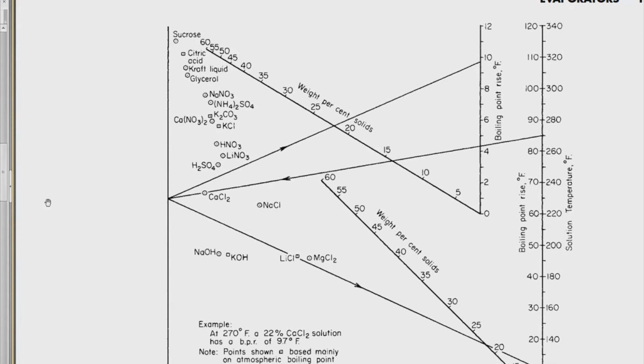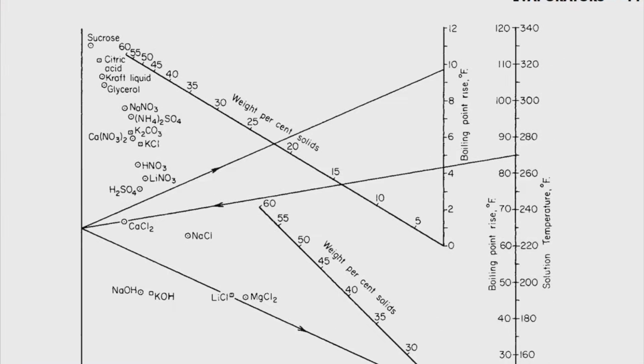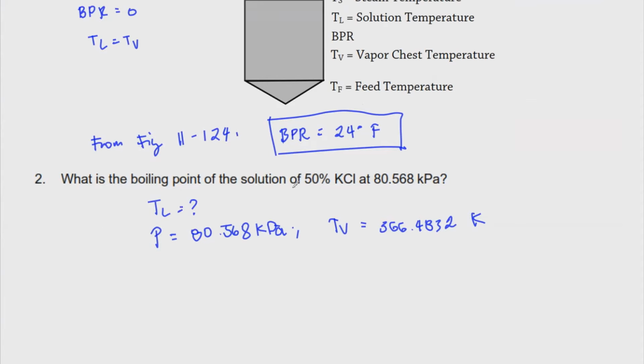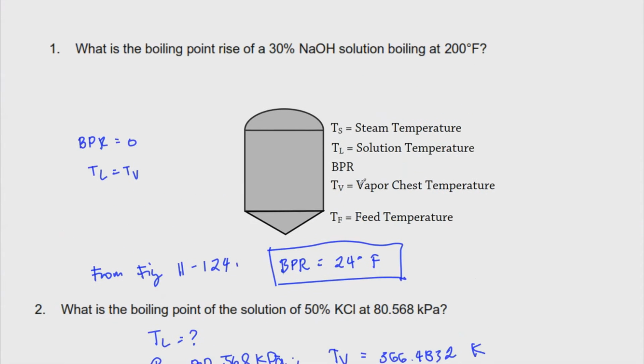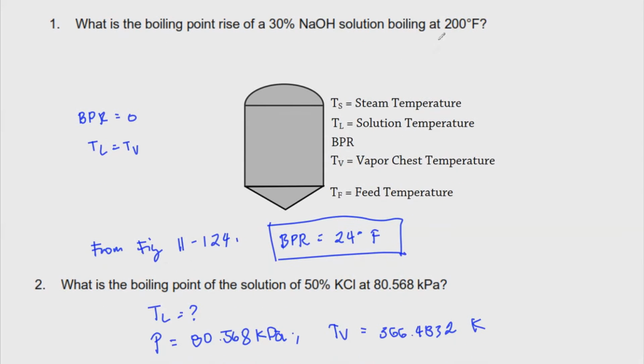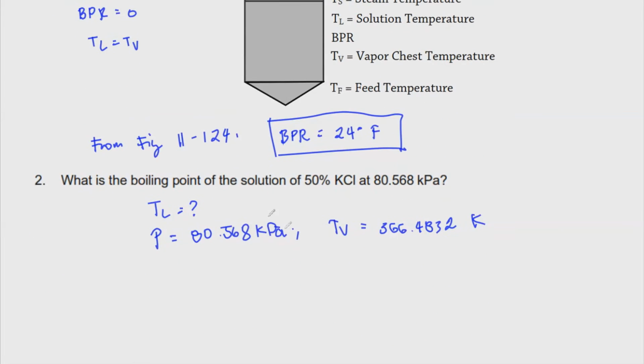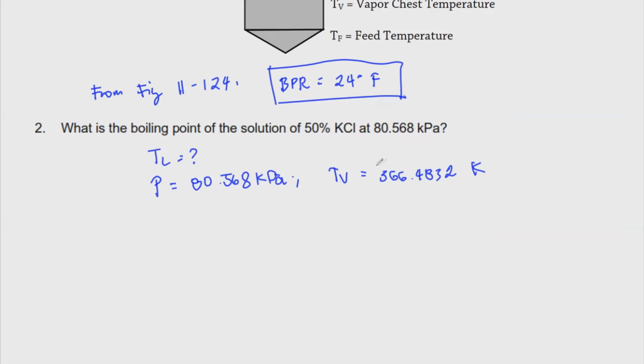Anyway, so yun nga, this problem asks us about T sub L. So iba naman yung hinahanap dito because in the first place, dun sa ating first solution, we were able to find BPR from our T sub L. Pero ngayon, T sub L lang hinahanap natin and we're given with this concentration as well as this vapor chest pressure. Now, would it be possible kaya para mahanap natin siya using that method as well?